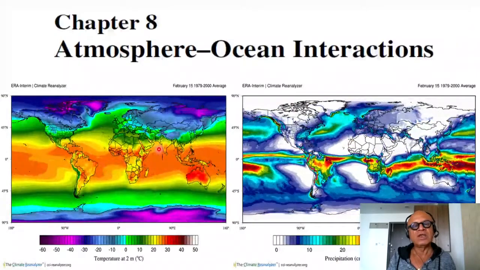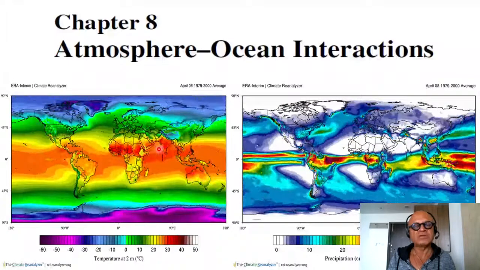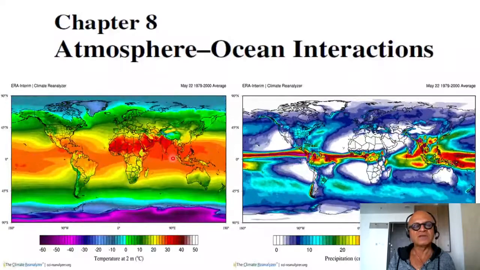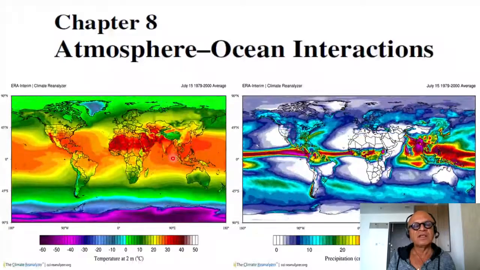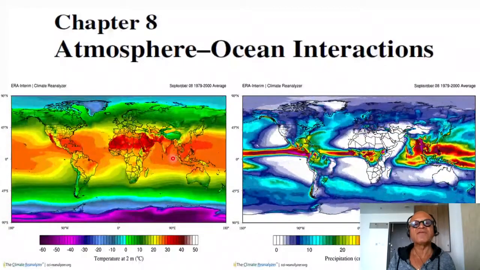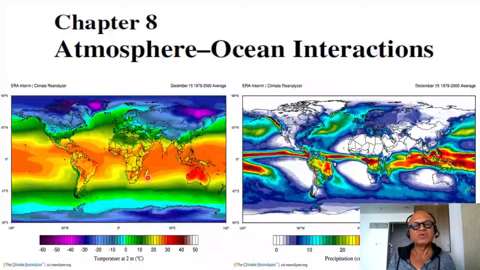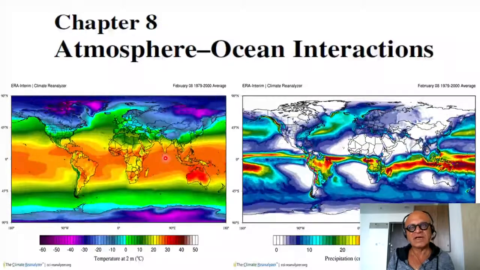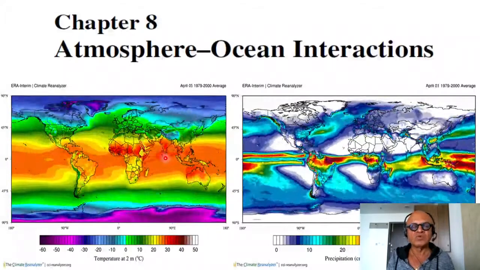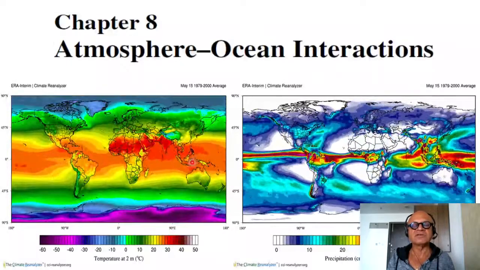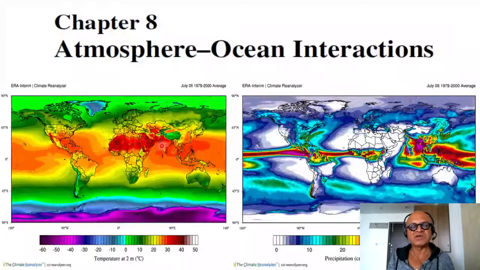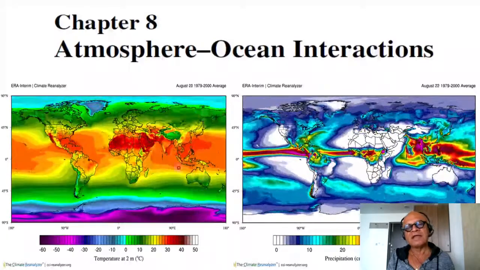So in a coupled model, we don't have to worry about those kinds of details. If you give it the land configuration and the top of the atmosphere energy coming in, it should be able to do most of these things, and as we talked before, they do, and there are slight biases and errors because of various uncertainties.